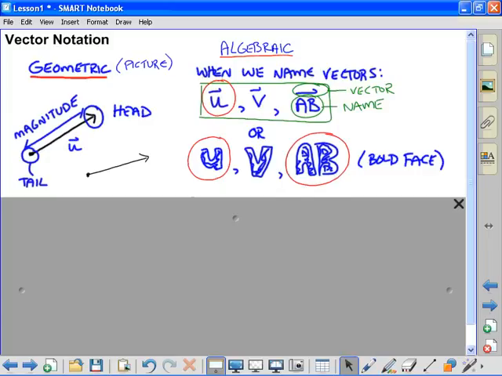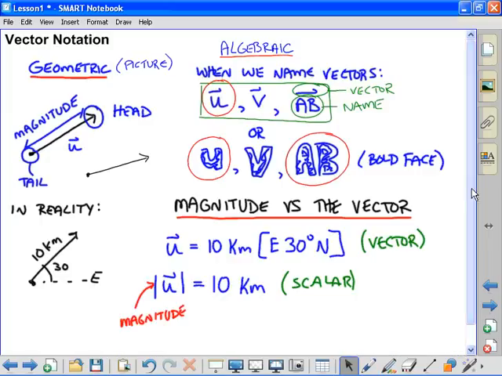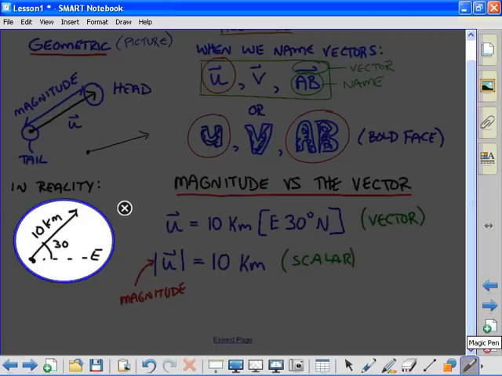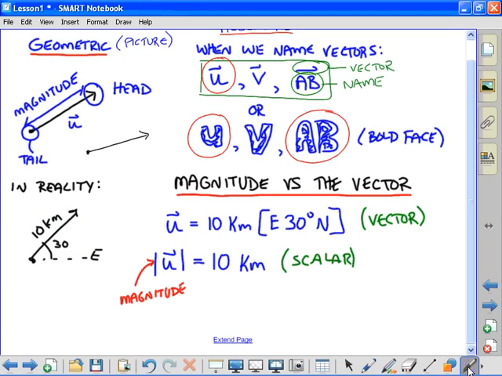Okay, so in reality, our vector, and I'm looking down in this corner down here, our vector will be given a length, so the 10 kilometers, and a direction, so east, 30 degrees rotated toward the north. The difference here, I wanted to show magnitude versus the vector. Here we have what's called a vector, right here.